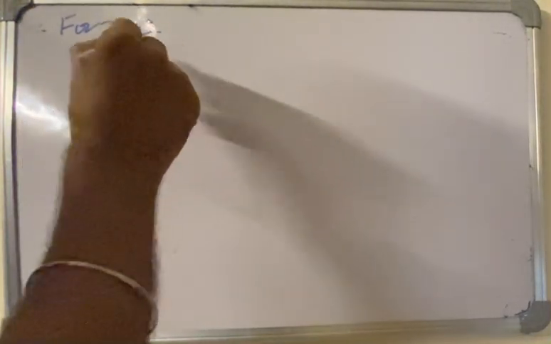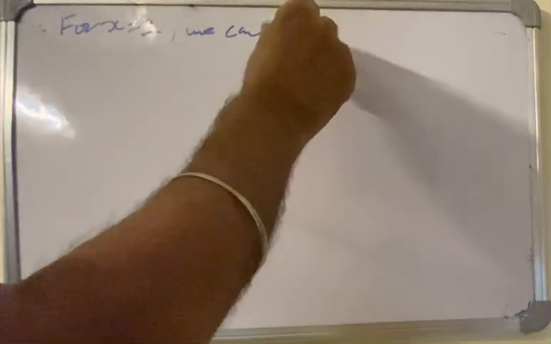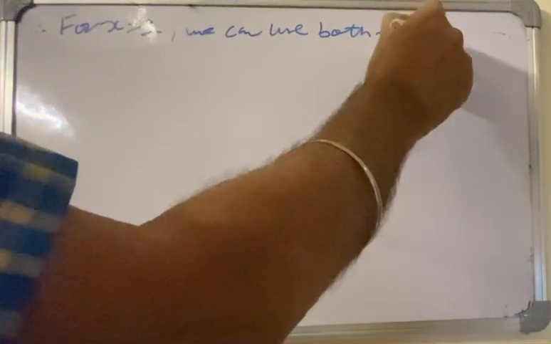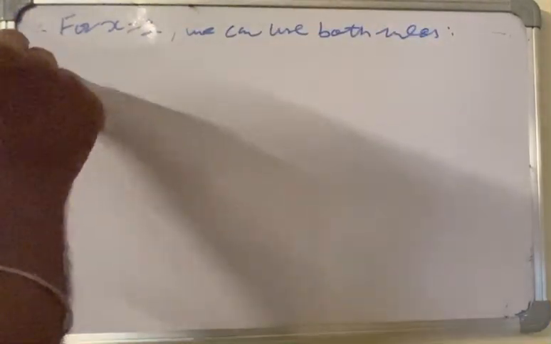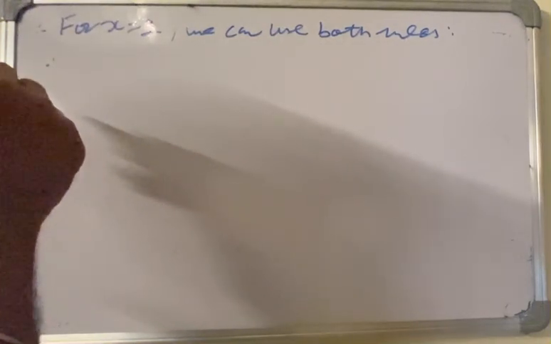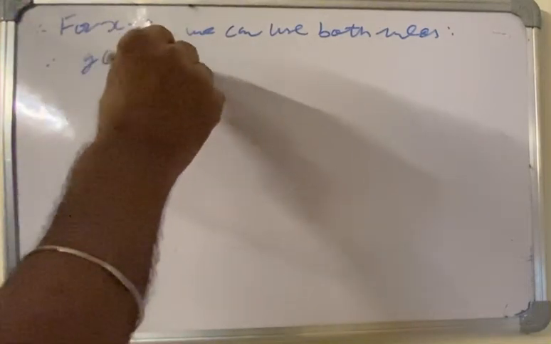Therefore, for x is equal to 2, we can use both rules. Therefore g(x) is equal to x square.